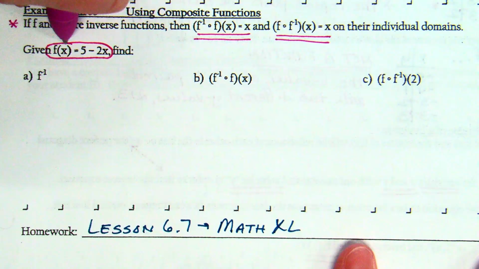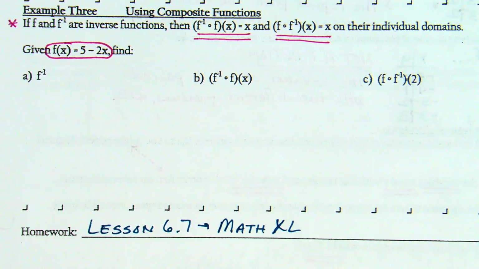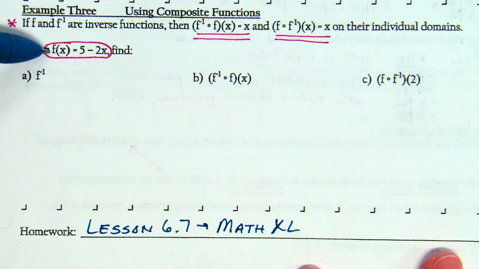So as an original problem, this is y equals 5 minus 2x, correct? Just a reminder there. Okay, so to find the inverse, what do we do? Switch x and y. So instead of y equals, I'm going to say x equals. Instead of 5 minus 2x, I'm going to say 5 minus 2y.